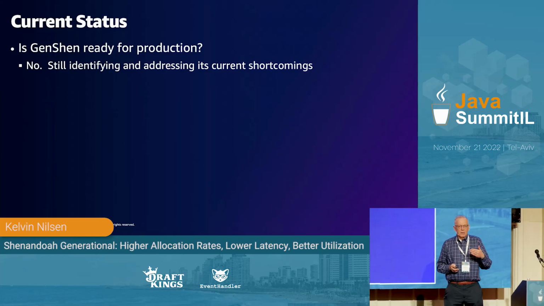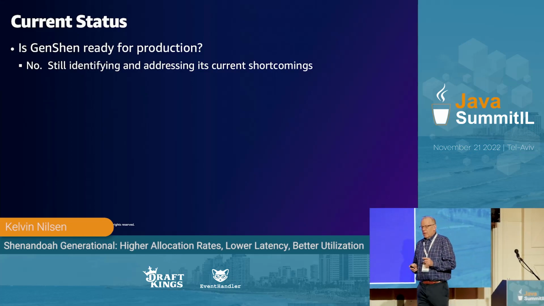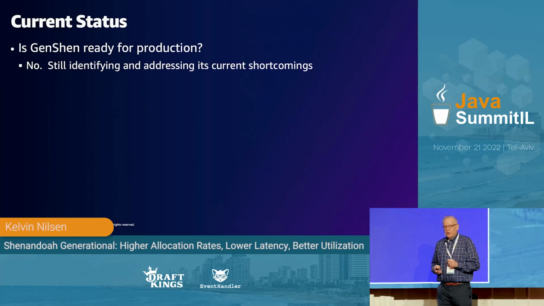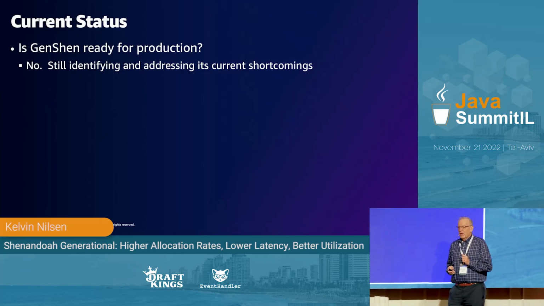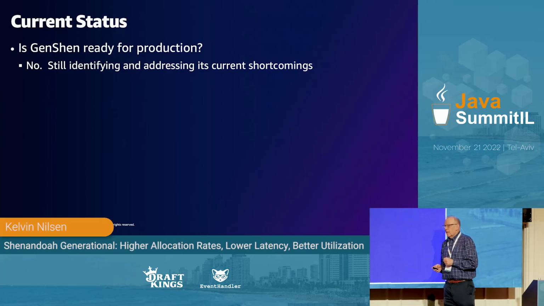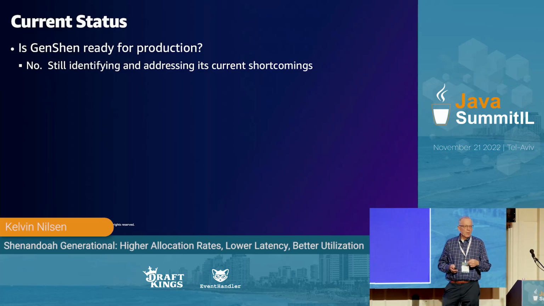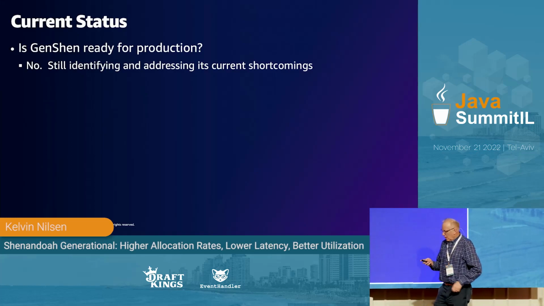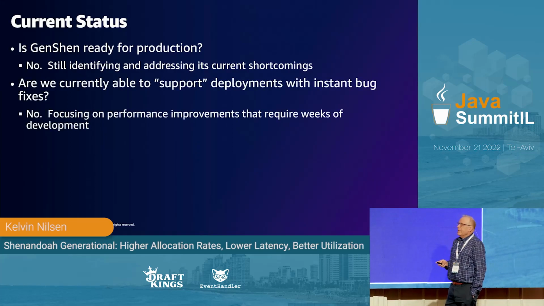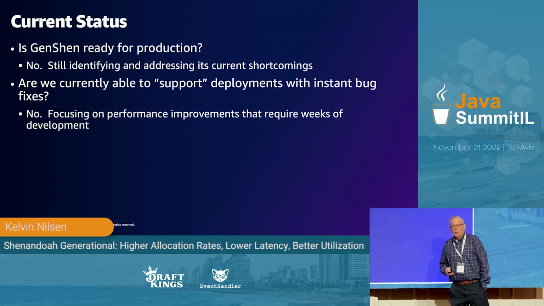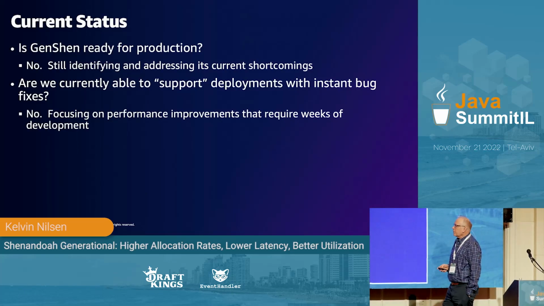So one question you might ask yourself, is this ready for production use? Not quite yet. We have some services inside Amazon that are starting to experiment with it in very limited circumstances. But it needs some work before we recommend it for production use.